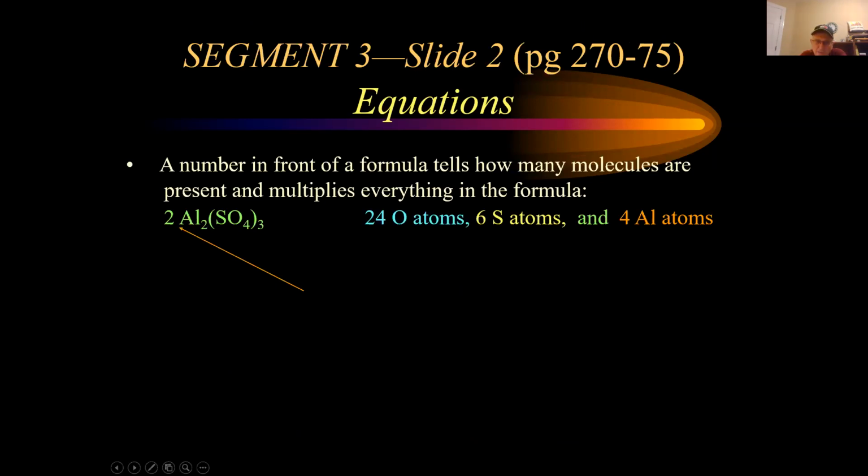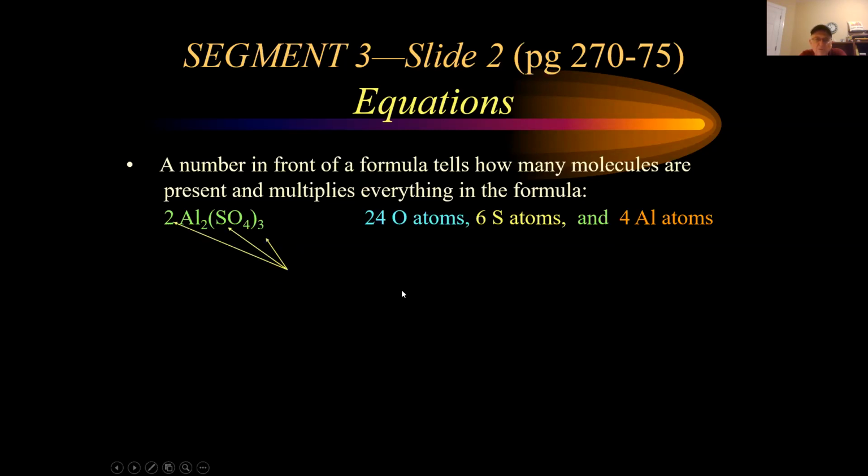The whole formula is doubled because of that coefficient in front. There are 2 aluminums in each one of these units, and there are then a total of 4 aluminum atoms. So it's 2 times 2 to give me the aluminum atoms.